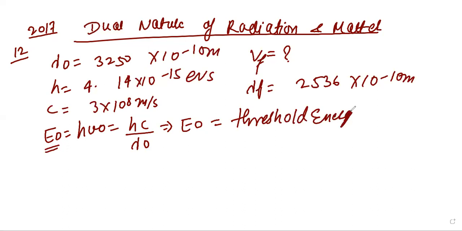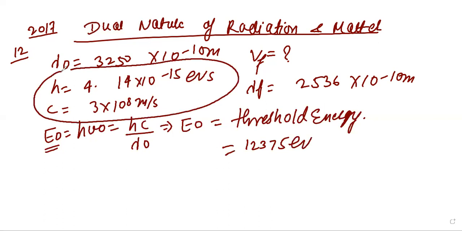When we multiply Planck constant and C, it will be equal to 12375 electron volt angstrom. So HC is equal to 12375. Remember this value. Divided by the lambda value we know, that is 3250, in electron volt we have converted. Divide these two, you will get 3.81 electron volts.